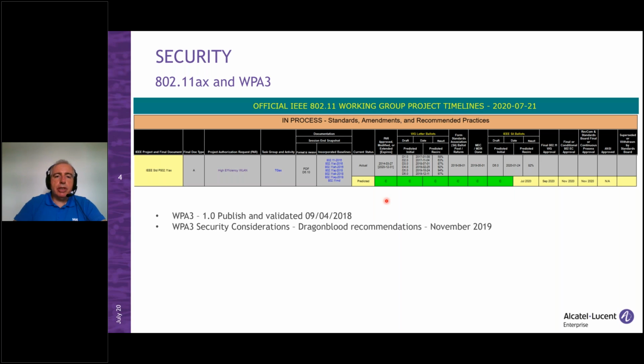If we go to the IEEE 802.11 working group, we can see all the projects. I have already extracted the one that is important for us today, which is 11ax. As you can see in the picture, it is estimated that the final draft will be closed, so it will really be a standard, by November 2020.